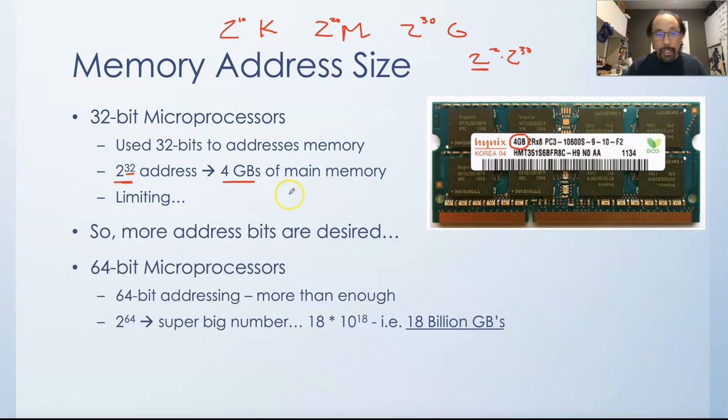Nowadays, our 64-bit processors can technically address 64 bits of addresses. But that's a lot, and I do believe we will not need more than 64 bits of addressing. I could be wrong, but it's a huge number. We have an adequate number of bits nowadays for addressing all the memory that we want.